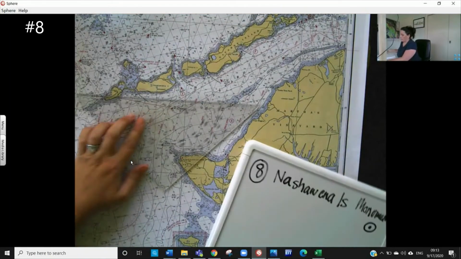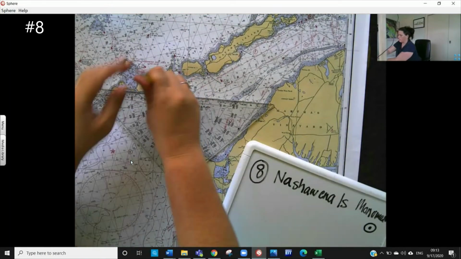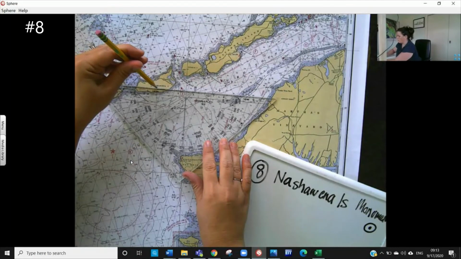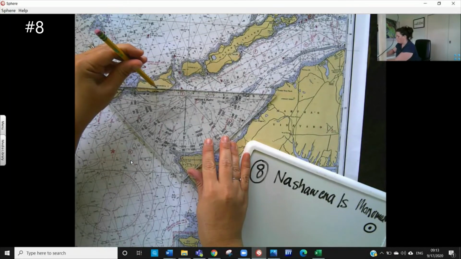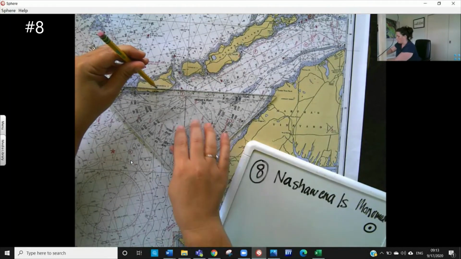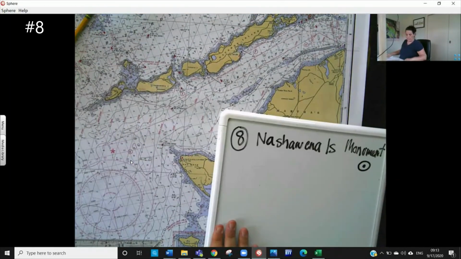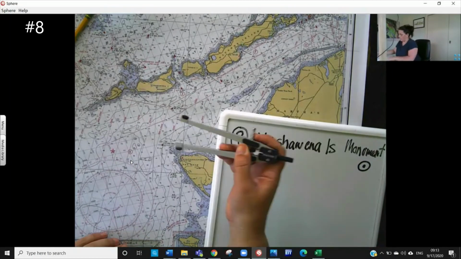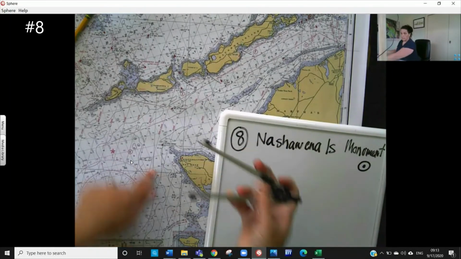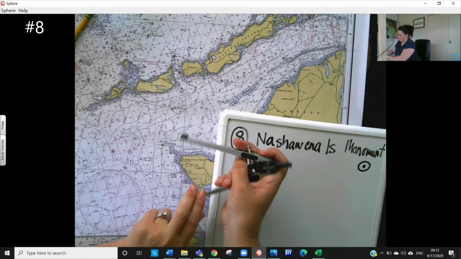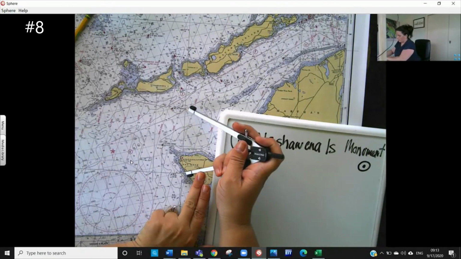And do the same for latitude. Okay, so now I'm going to measure my latitude from this line. This line was a little bit closer, but I didn't measure it. It doesn't really matter.